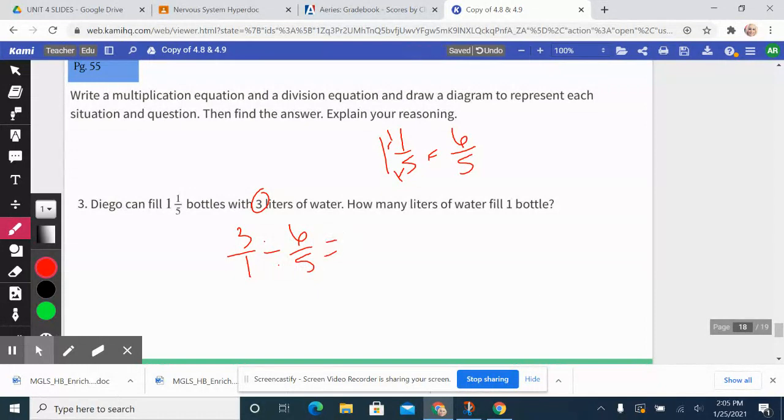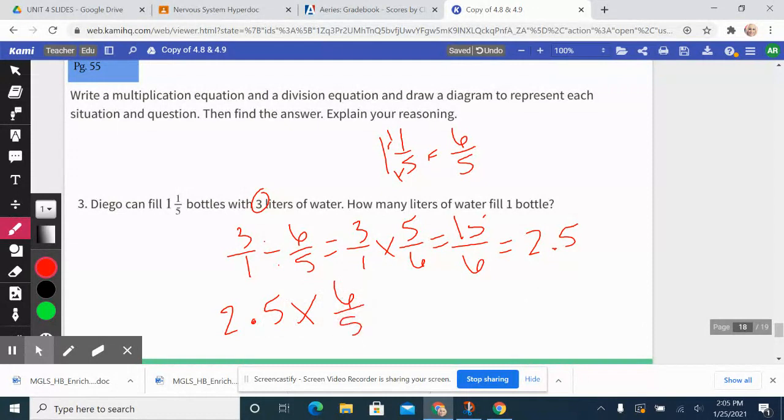And then we need to keep, change, flip. So 3 over 1 times 5 over 6, and you're going to get 15 over 6. And if you were to divide them, you would get 2.5. So your multiplication equation would be the 2.5 times the 6 over 5, and that's going to equal the 3.